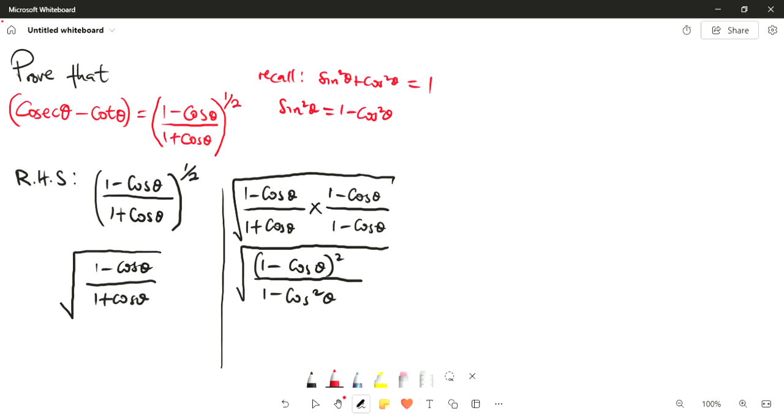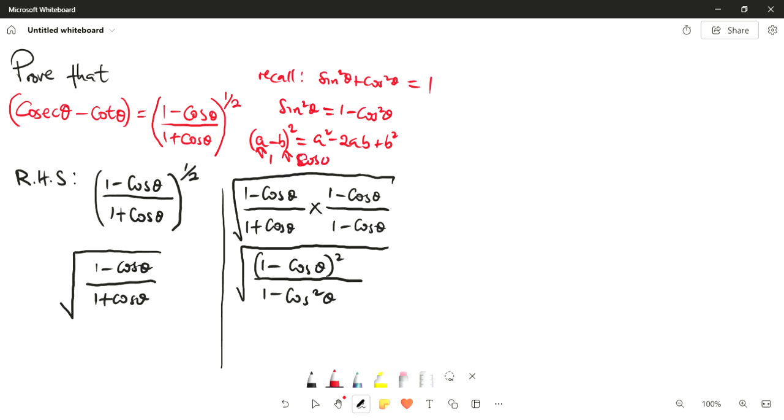For the numerator, we borrow some concepts from algebra, which is something like this: a minus b, all squared, which gives a squared minus 2ab plus b squared. In our case, our a is simply 1, our b is simply cosine of theta.